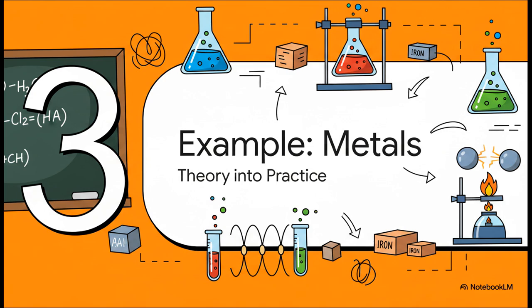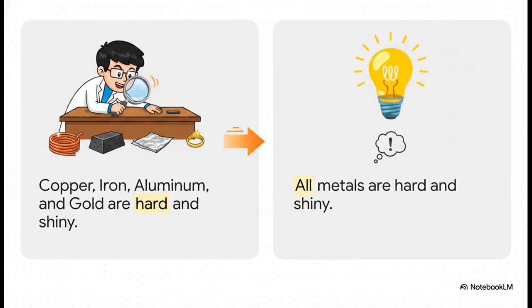Let's move straight to Section 3, a classroom example, metals, putting theory into practice. Putting theory into practice is absolutely essential for us technical educators. So let's look at a concrete, real-world scenario straight from a science lab. First, you present the specific facts. You literally hand your students pieces of copper, iron, aluminum, and gold.